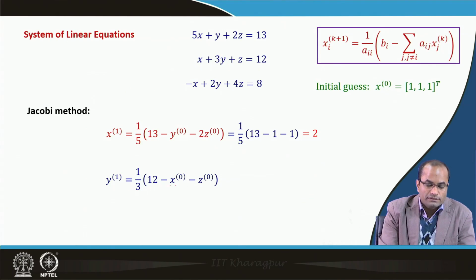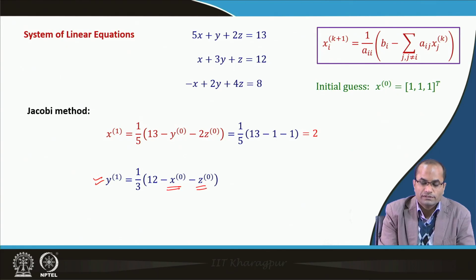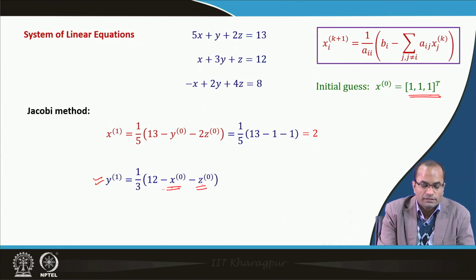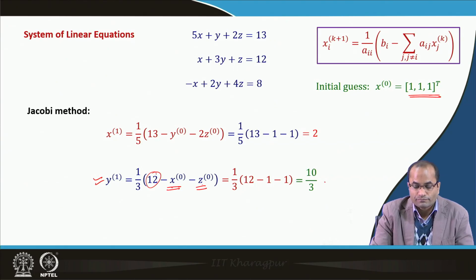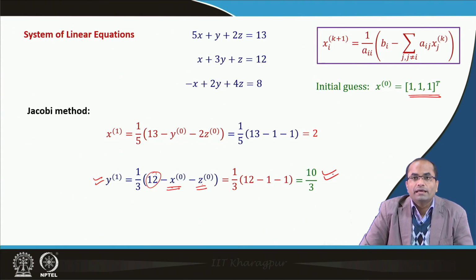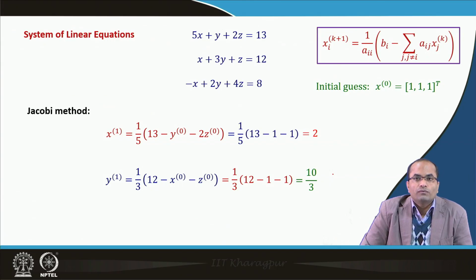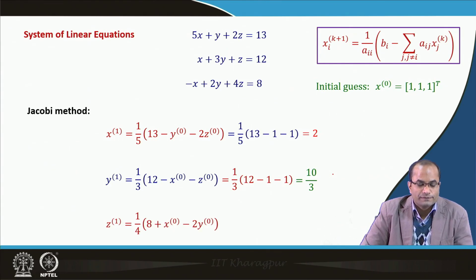Well, having this, now for y, here we have x 0, z 0, that is the starting values, which are 1 1 in our case. So, we have 1 and 1, that is 2, and 12 minus 2, that is 10. So, we have this 10 by 3, the second component, the approximate value of y after the first iteration.